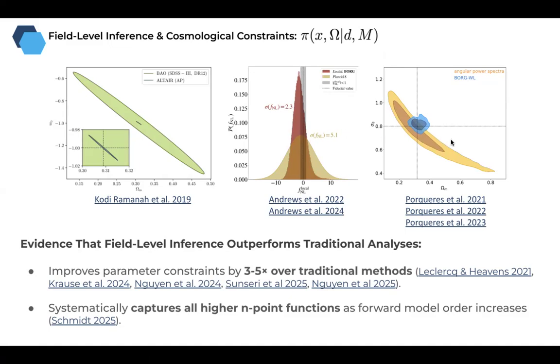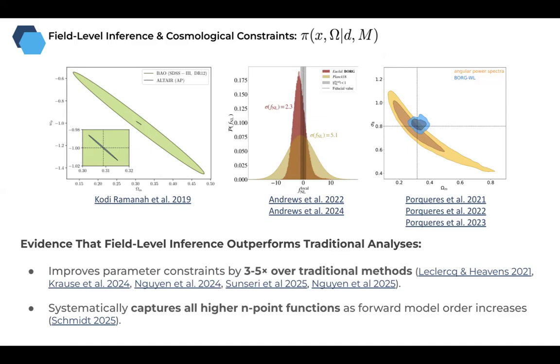Other groups also, as indicated here, have demonstrated that field-level inference can improve over traditional methods by increasing the parameter constraints by factors of 3 to 5. This is a significant improvement over the traditional summary statistics analyses, which we will be able to explore much more in the future. The technology is still at an early stage and is currently being built into a state where we can use it robustly for actual data applications.